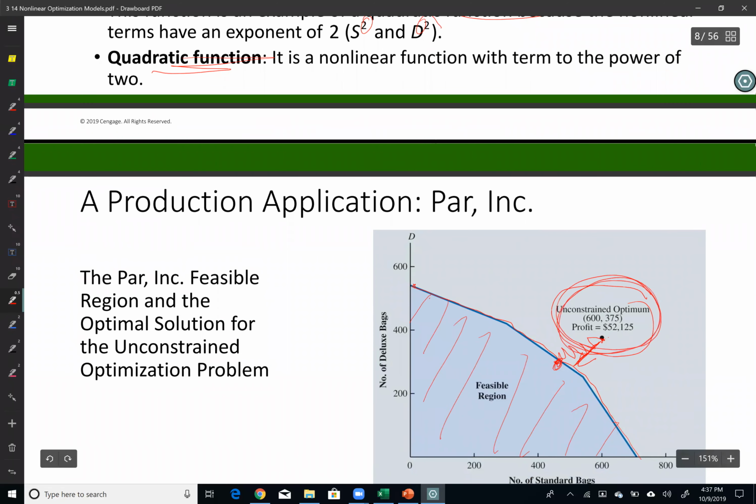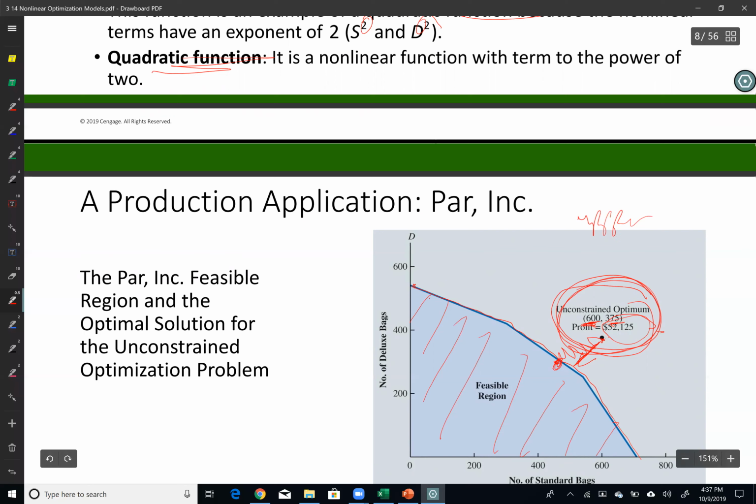So what I see here is the best solution is selling 600 regular bags or standard bags and selling 375 deluxe bags, which you will end up with a profit of 52,125. So what is this? This is an infeasible solution, obviously. However, this is a great upper bound for my solution.